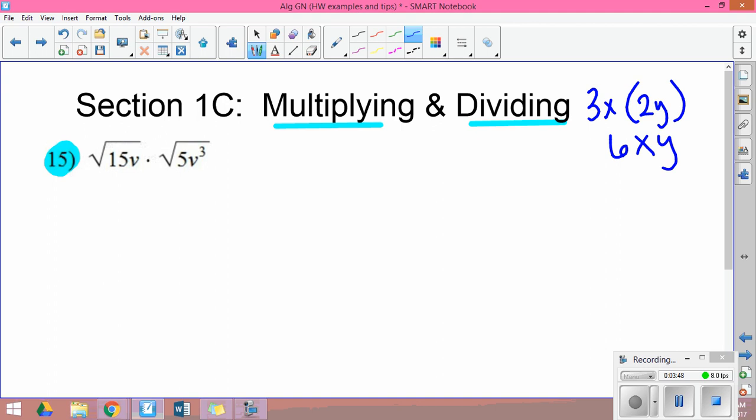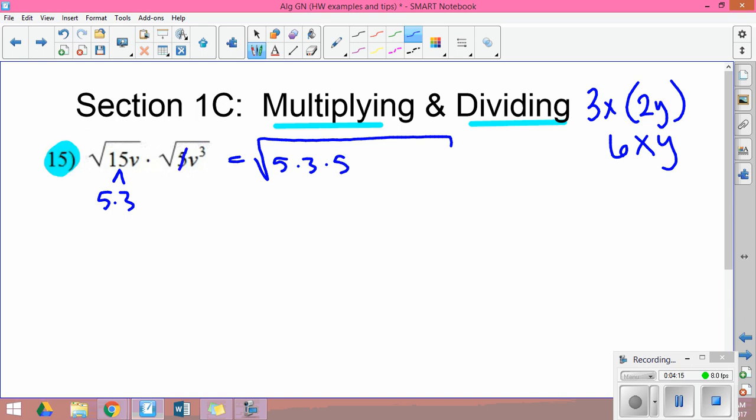So we can go ahead and put things together just like we can with variables. I could multiply 15 times 5 and get 75 and factor 75. But what might be easier is if we write it as a single radical. 15 is 5 times 3.